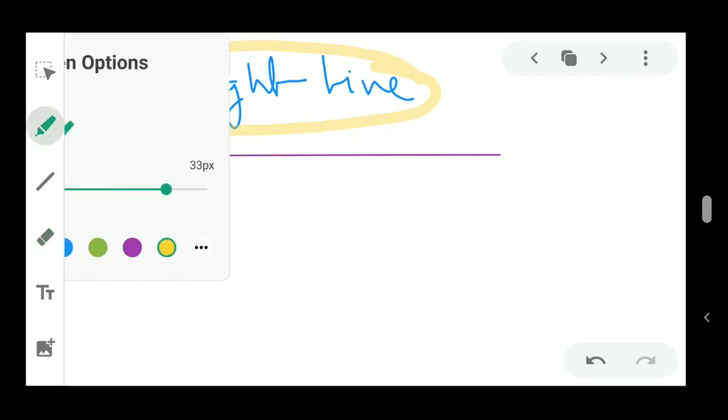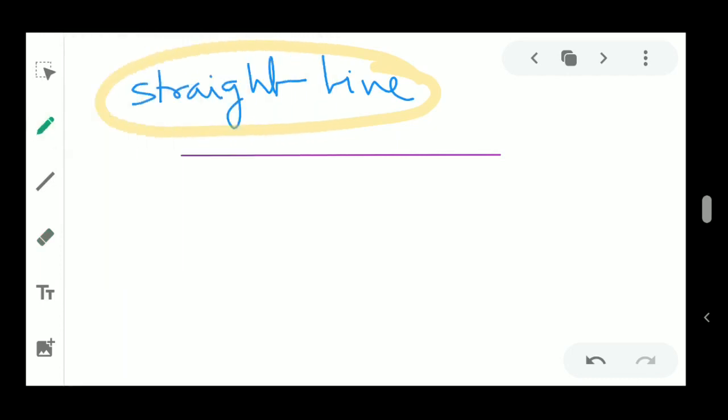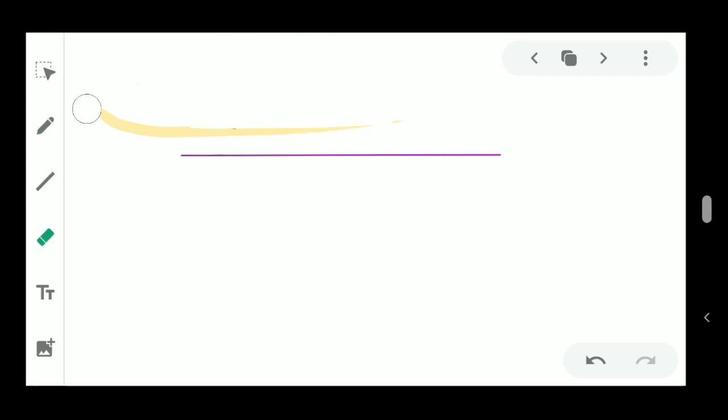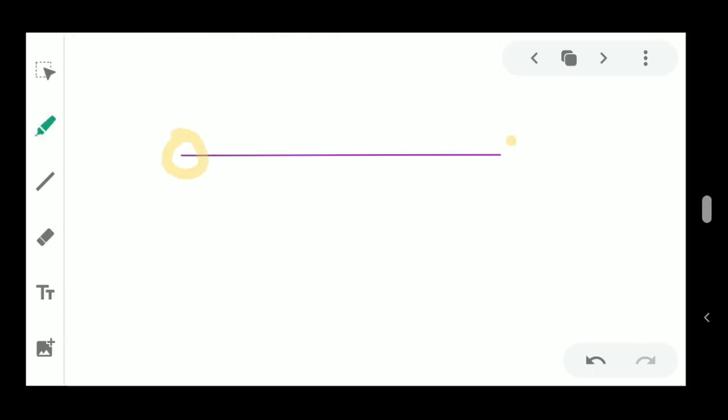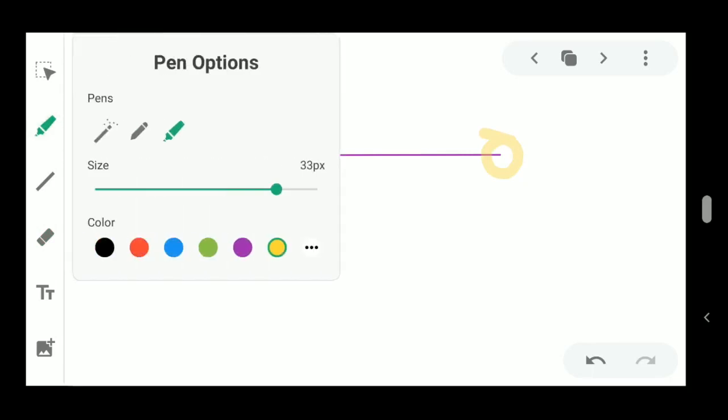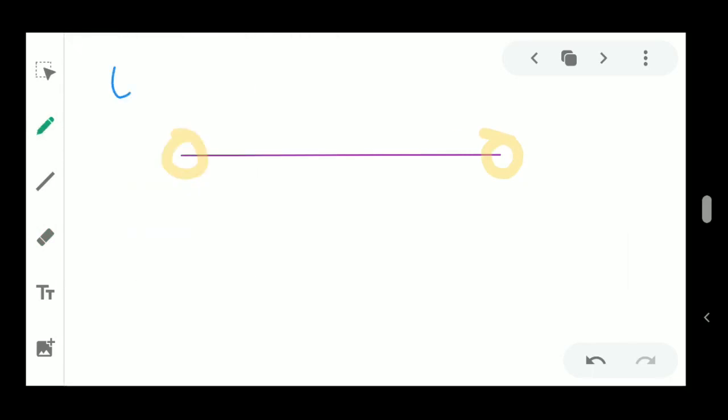Now there are three kinds of straight lines. One looks like this, and when it has two ends, one end here and another end here, it is called a line segment.